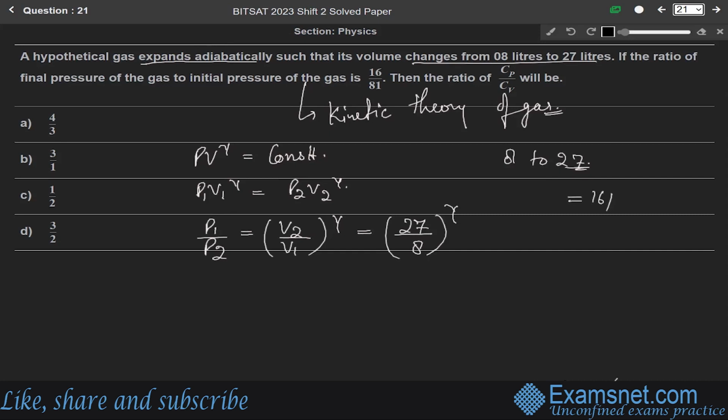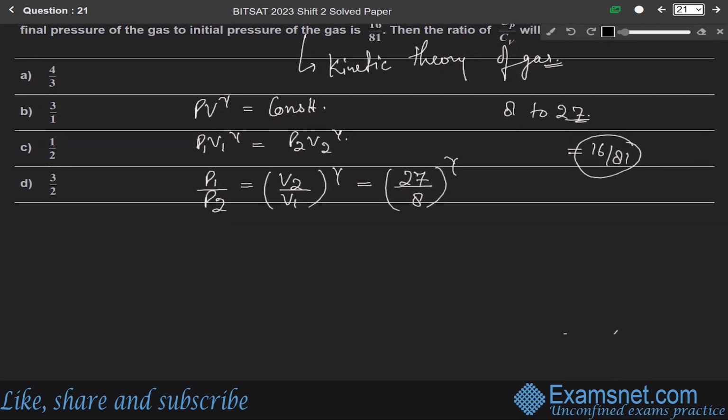It is 16 by 81. So just put the value of 16 by 81 in place of P1 over P2. So we can write over here 81 by 16. Yeah, because it is P1 to P2. So we can write 81 over 16 is equal to (27 by 8) raised to the power gamma.